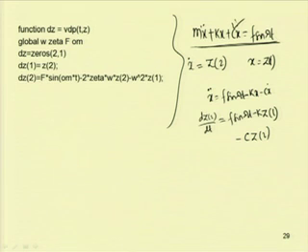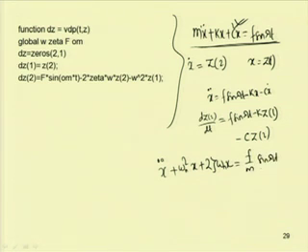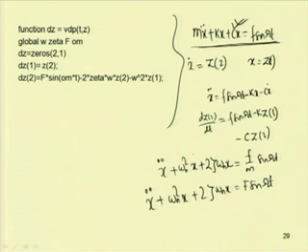Or this equation can also be written in the form x double dot plus 2 zeta omega n x dot plus omega n square x equal to f by m sin omega t. This f by m can be written in this form. By substituting x equal to z1 and x dot equal to z2, one can get two first order differential equations.